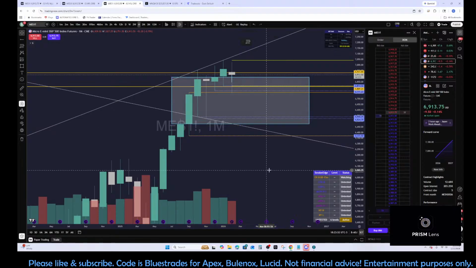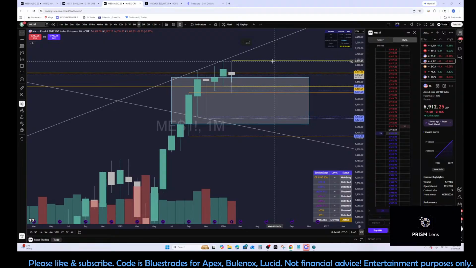It's simple market auction theory. You have to have inventory to buy and sell, right? You can't go to the supermarket if there's no inventory to buy. They've got to have something to sell you. It's the same with the stock market. Where's your inventory? It's down below us, not above us.